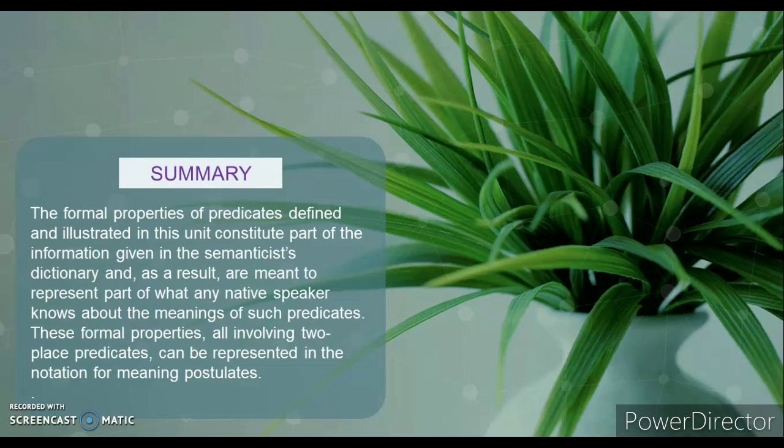The formal properties of predicates defined and illustrated in this unit constitute part of the information given in the semantics dictionary and as a result are meant to represent part of what any native speaker knows about the meanings of such predicates. These formal properties, all involving two-place predicates, can be represented in the notation for meaning postulates.